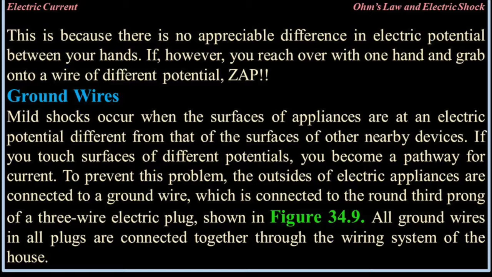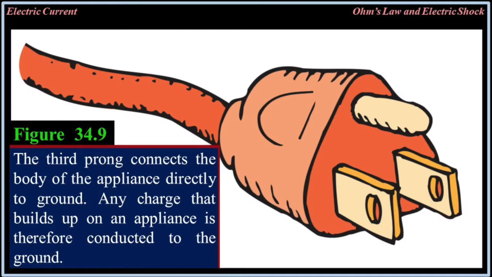To prevent this problem, the outsides of electric appliances are connected to a ground wire, which is connected to the round third prong of a 3-wire electric plug, shown in figure 34.9. All ground wires in all plugs are connected together through a wiring system of the house.